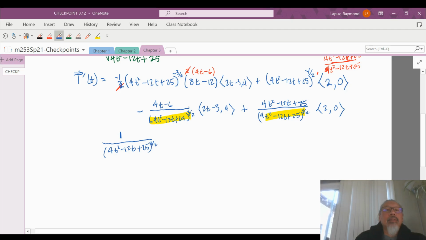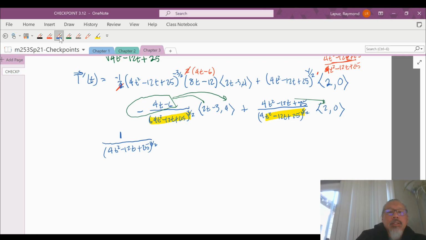So I don't have to write that again. And then meanwhile, I will take my other constants and distribute them, and separate this into the x and y components now. Okay, so I'll put a negative sign out here and then multiply this out.